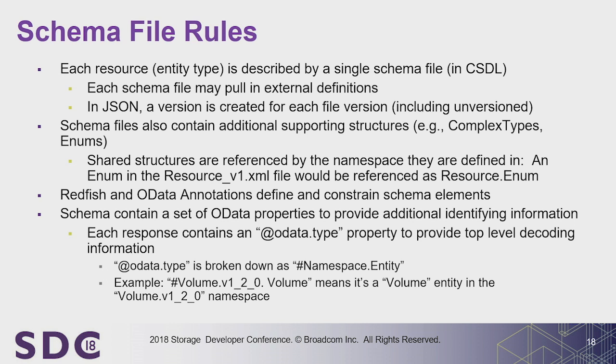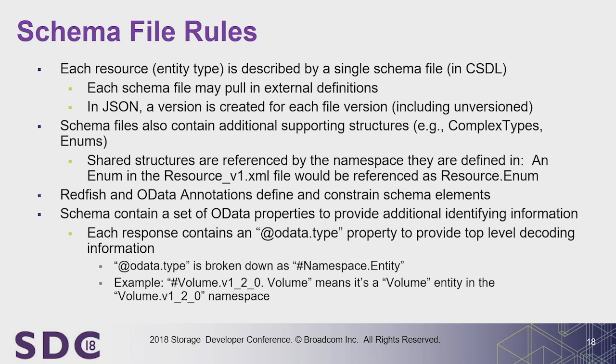You will find them tagged along with a supporting structure, and you find them with the namespace associated to them. That's how you reference them. So there's a lot of shared structures and enums and things that you will reference by the namespace of the primary file and entity that they're associated with.